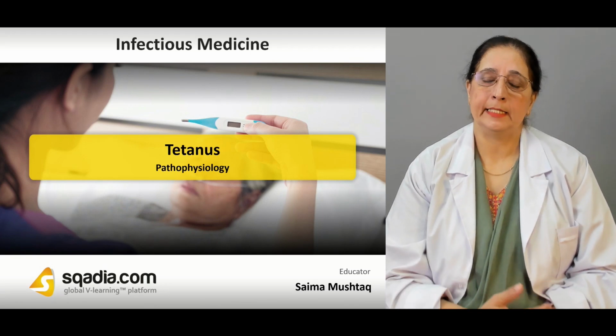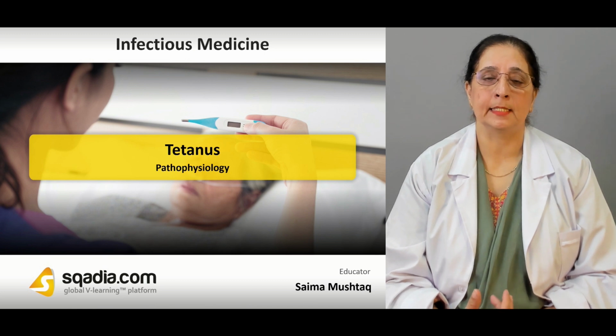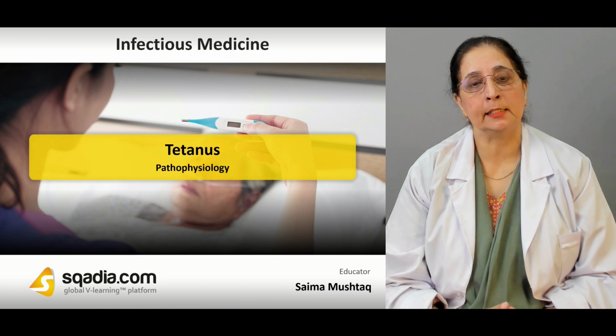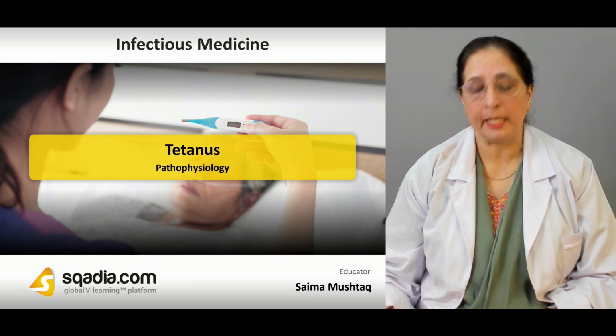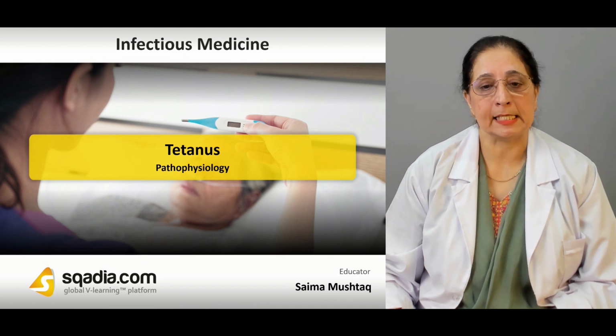So after discussing the definition, how we define tetanus, and what's the difference between the neonatal and maternal tetanus, now in this section, let's go over the pathophysiology of tetanus.